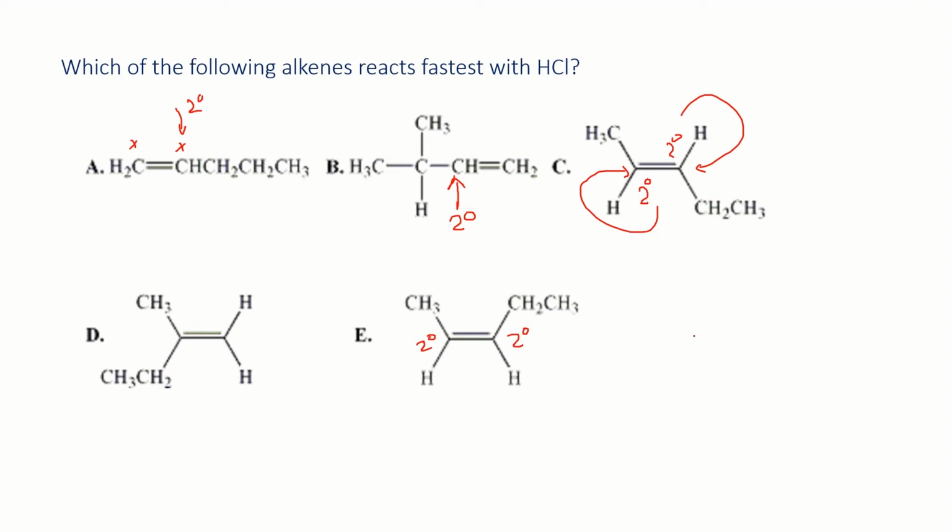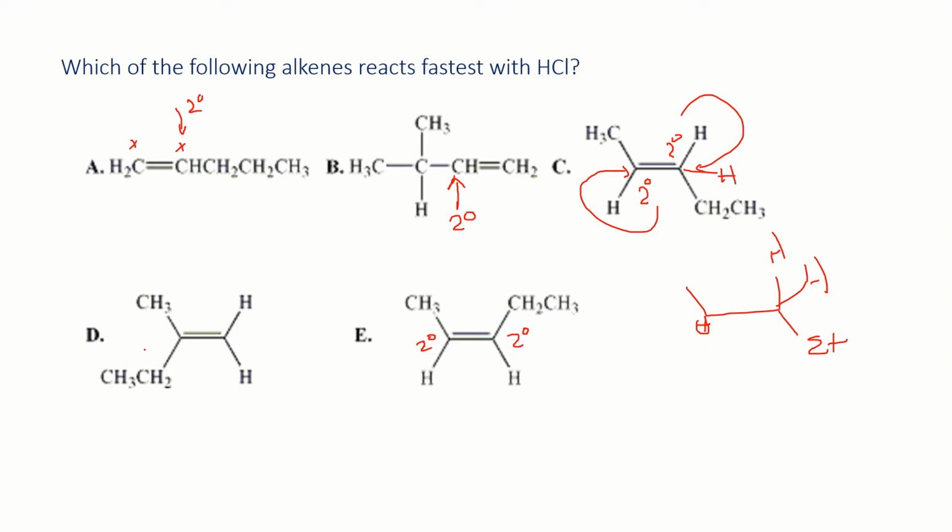Because we really want, for example, here you can see that you can add a proton here with the ethyl. There's another proton that was there before. That will give you the secondary carbocation.